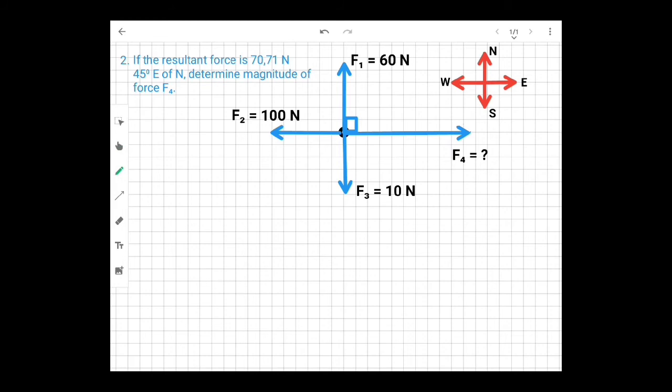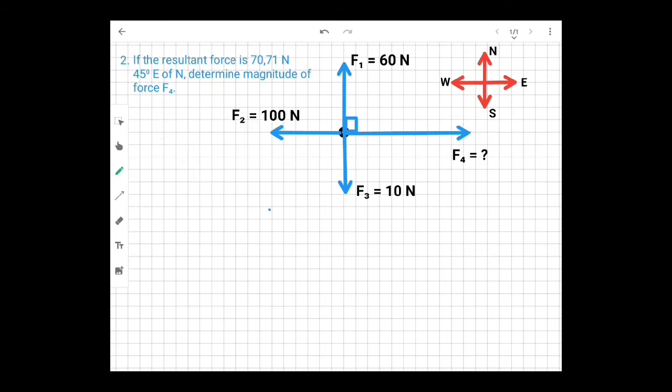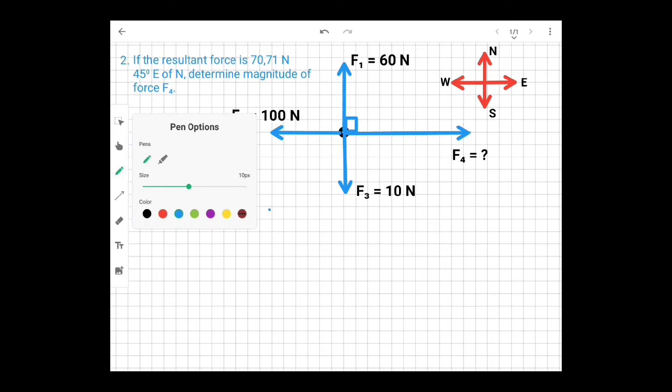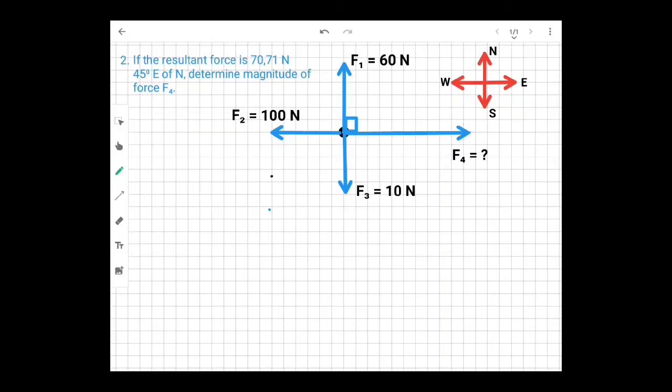Let's draw a sketch. So the resultant force, we are told, is 70,71 newtons, 45 degrees east of north.